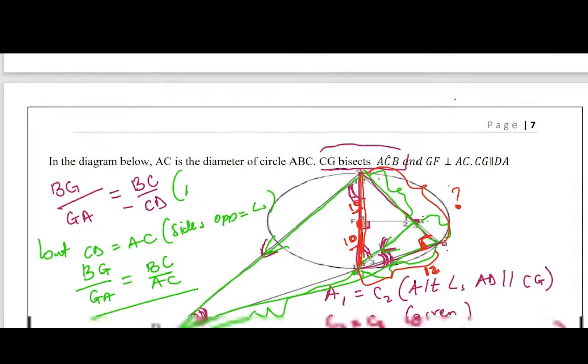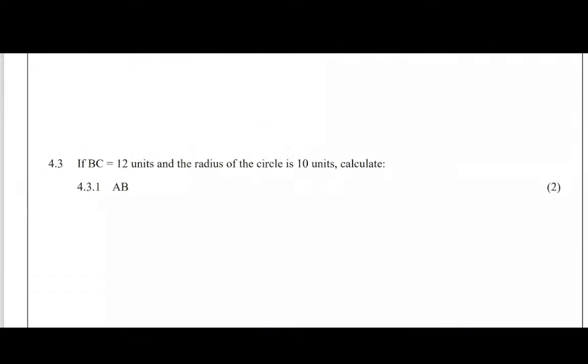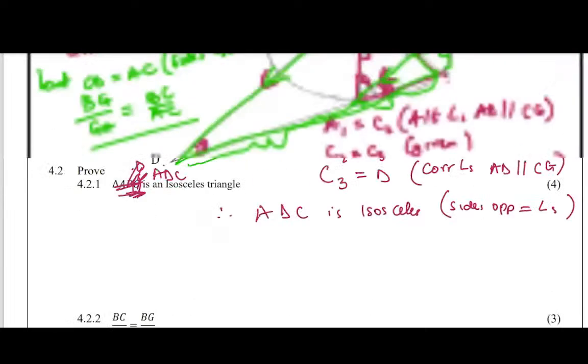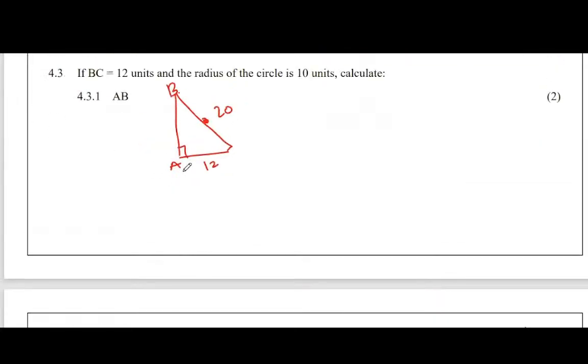So from that triangle, we have a 10 and a 10, which is a 20, and then that's a 12. Let's say that's our AB that we need to find. Let's see, is that what they said?